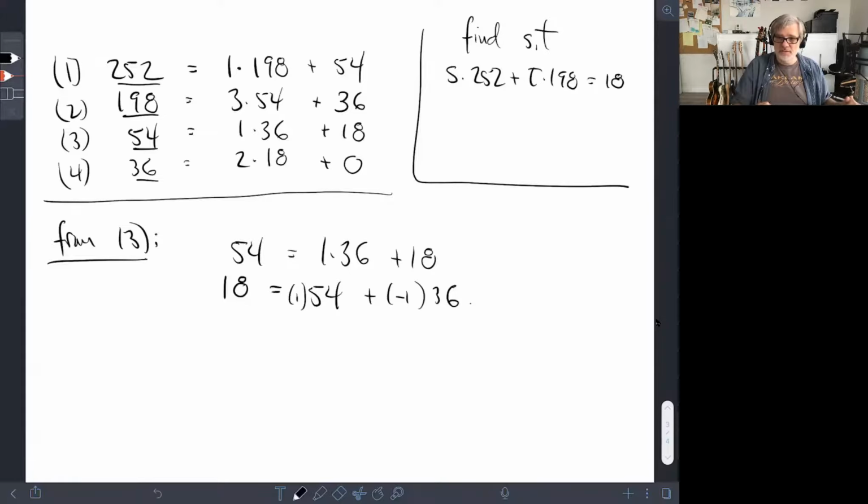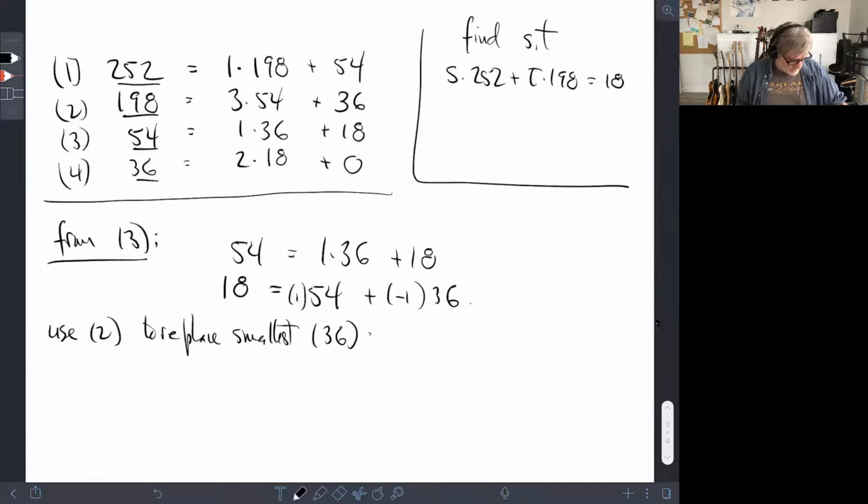So I'm going to replace 36 in my equation here using equation 2. So now we use 2 to replace the smallest, which is 36. I'm going to get 18 equals 1 times 54 plus minus 1 times, and now 36, if you look at the second equation, 36 is 198 minus 3 times 54.